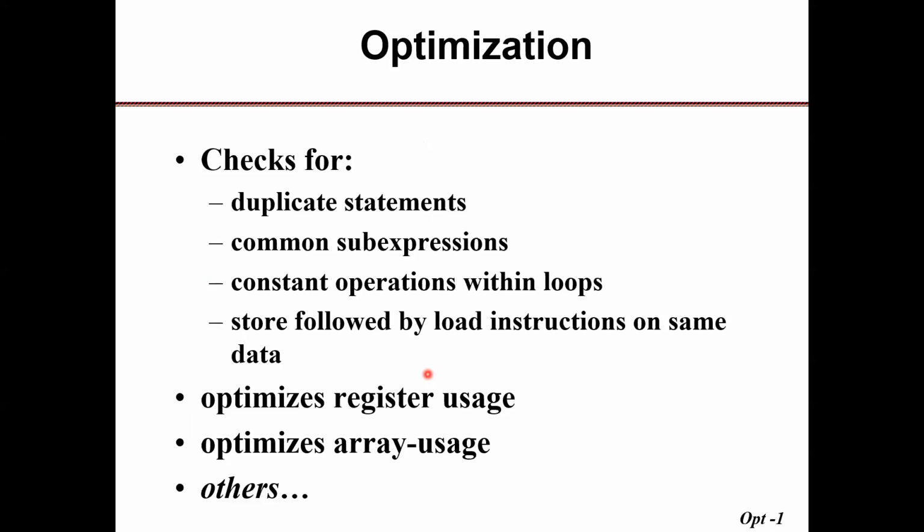So the next phase of the compiler then is about optimization. And we're not going to go into too much detail on this. I'm not going to necessarily test you on this other than maybe, well, I'll work it out and then I'll put that in the study guide about what I want you to know about optimizations.